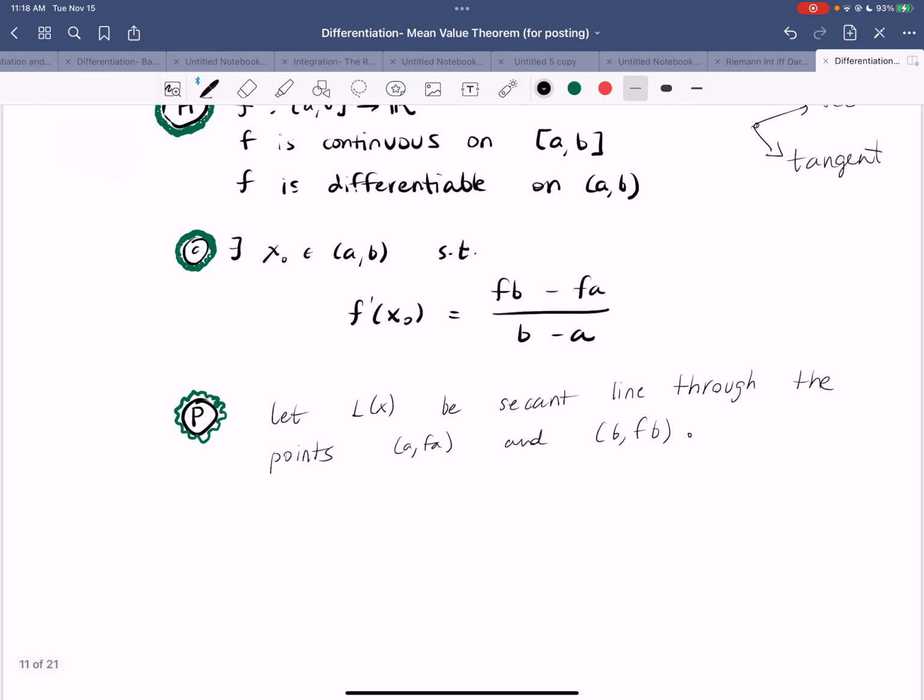So this means there exists some point x naught in AB such that G prime of x naught is equal to 0. But that means that in order for G prime to be equal to 0, F prime is equal to L prime, right? L prime is just going to be this slope here. So we get the claim.